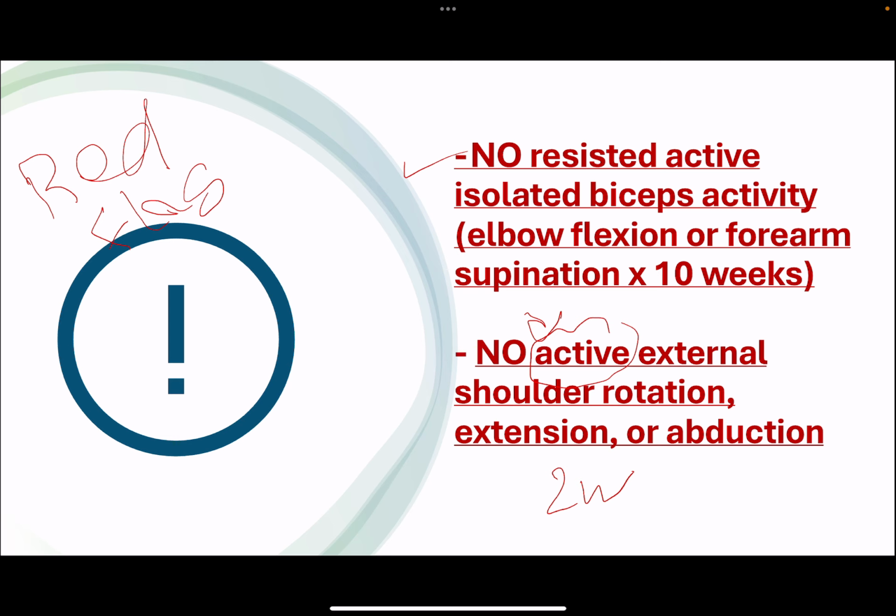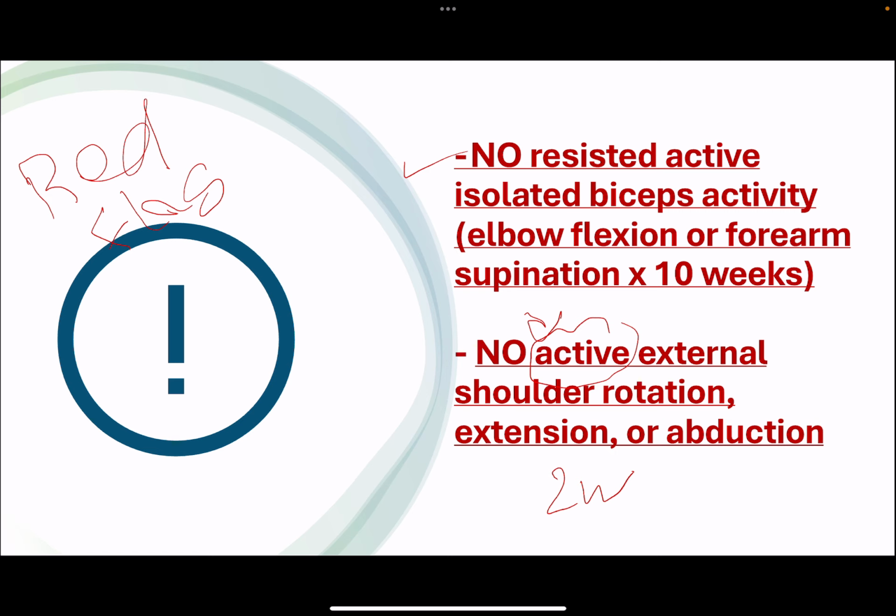Why no resisted biceps activity in the first 10 weeks? Because the long head of the biceps attaches to the superior labrum, and any contraction puts traction on the labrum biceps complex. That may lead to risk of failure of the repair.